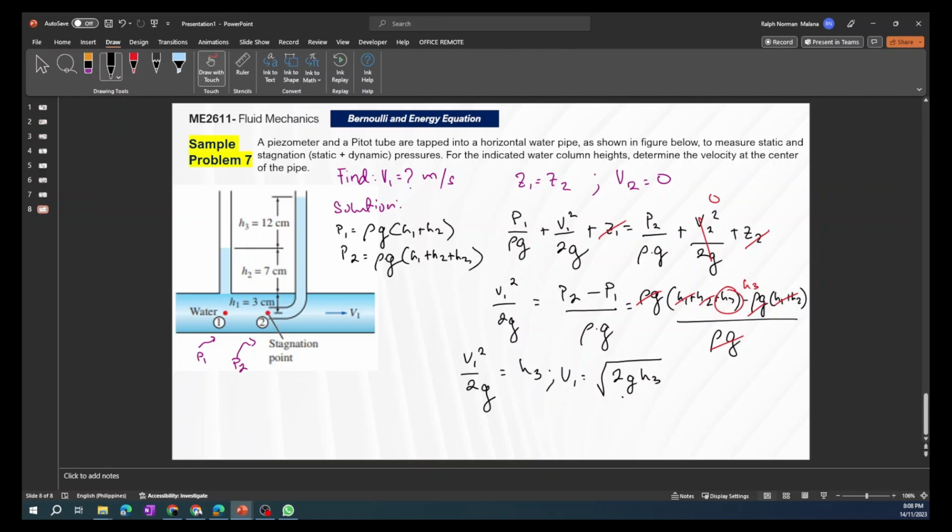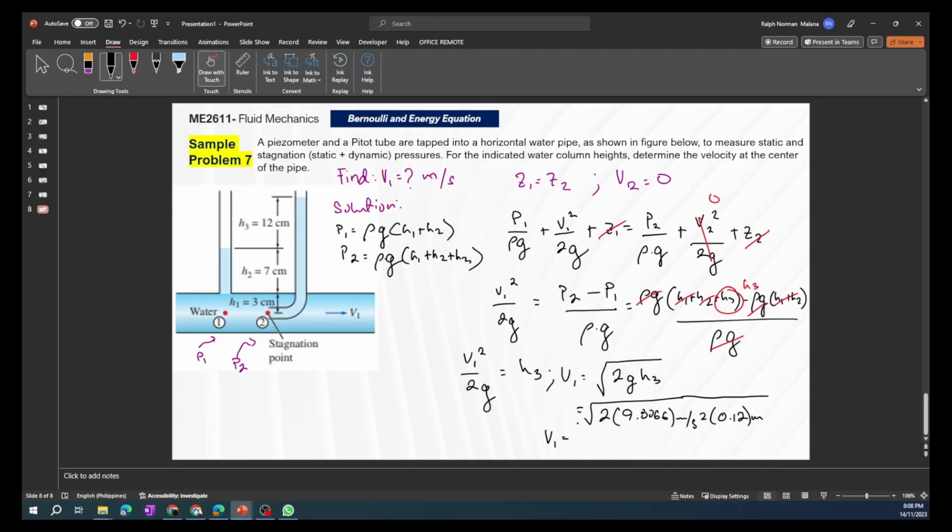So this resembles our Torricelli's equation. And all we have to do now is substitute our known values: 9.8066 meters per second squared, H3 is 0.12 meters. And V1 is the square root of 2 times 9.8066 times 0.12.